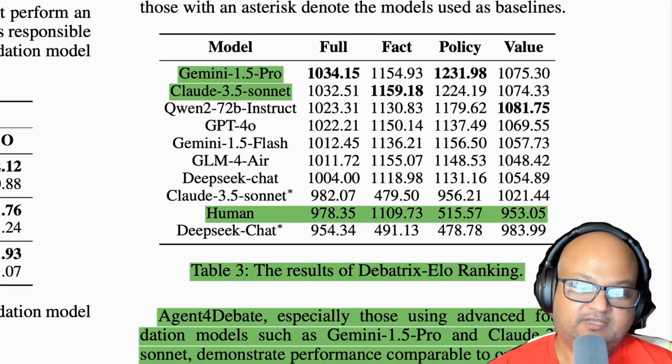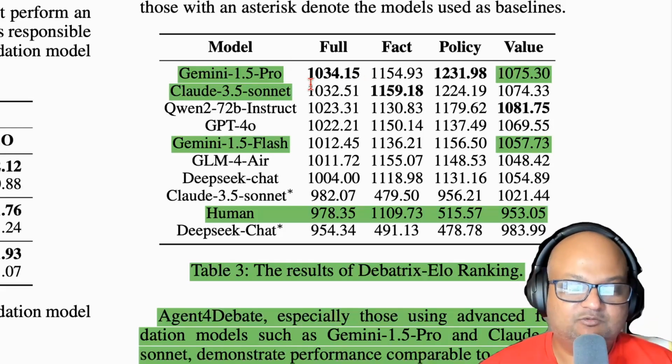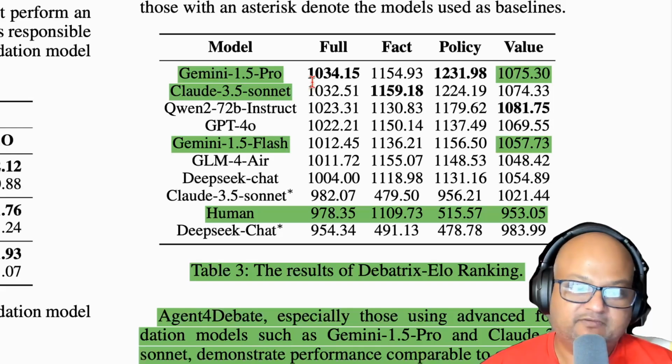This is a kind of ELO ranking that is calculated off of wins and losses. And you can see that Gemini 1.5 Pro and Claude 3.5 Sonnet are nearly neck and neck, with Gemini being slightly better. The very interesting thing here is that the Gemini 1.5 Flash model is almost as good as the top scorer, but it is much, much cheaper than these large models like 1.5 Pro and 3.5 Sonnet.